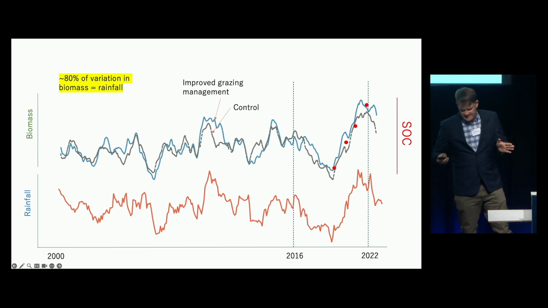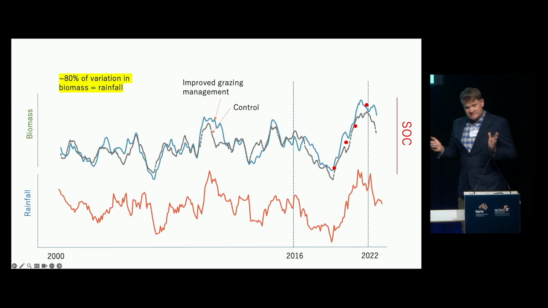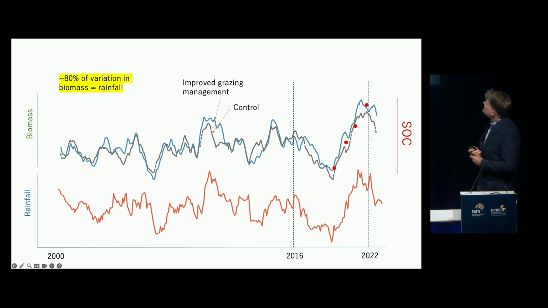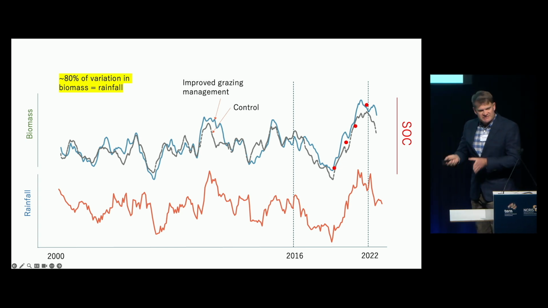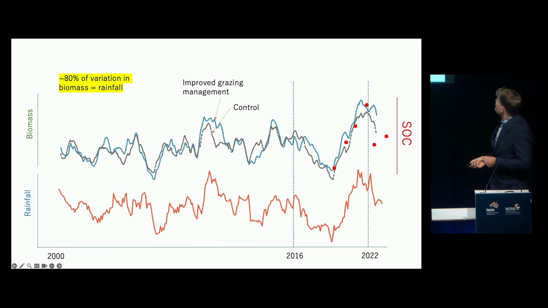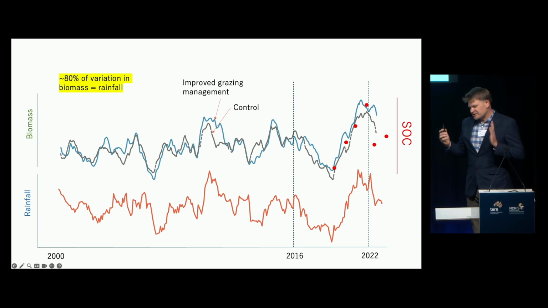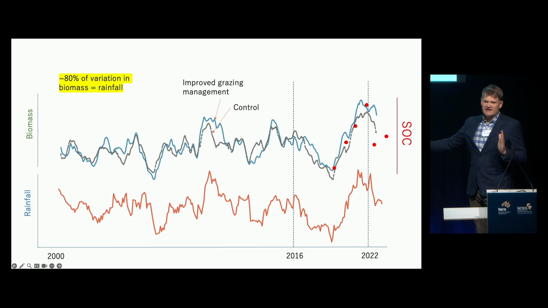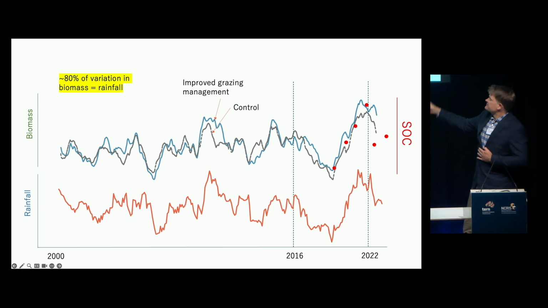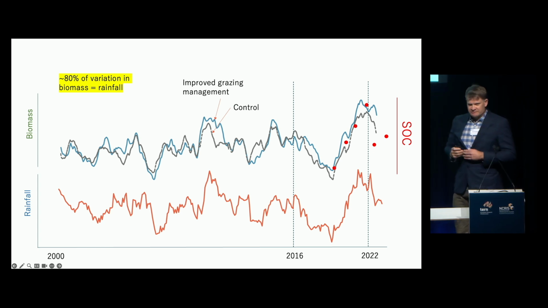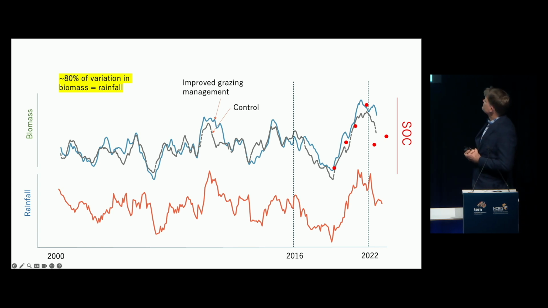Now, in 2022, that farmer came back and sold a couple of million dollars' worth of carbon credits. So, fantastic for the farmer. But are we sure that those carbon credits are going to stay there, that soil carbon is going to stay sequestered in the ground? Well, unfortunately, it doesn't look like it. At the moment, because we don't have these long-term data sets, we don't understand how the particular management, in this case improved grazing management, will influence that storage of carbon into the future.